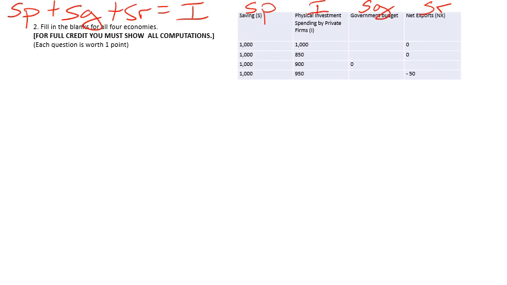All right. So let's try the first one there. That's this one here. So what do we have? We have an SP of 1,000 that goes inside the financial pool.